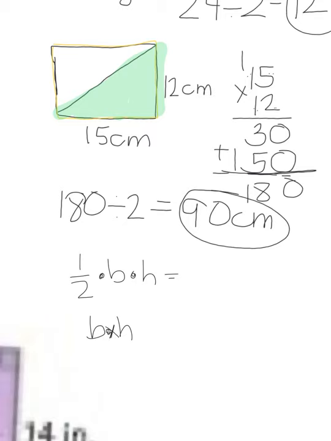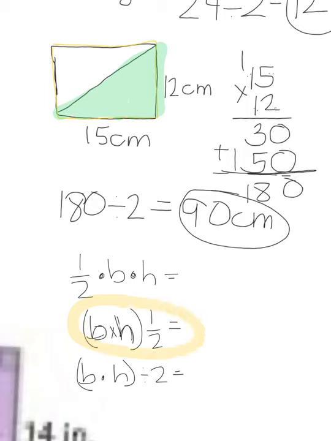You can multiply base times height, and then you times it by 1/2. Now, timesing by 1/2 is the same as dividing by 2. So it means the same. However, this is the way that mathematicians write it.